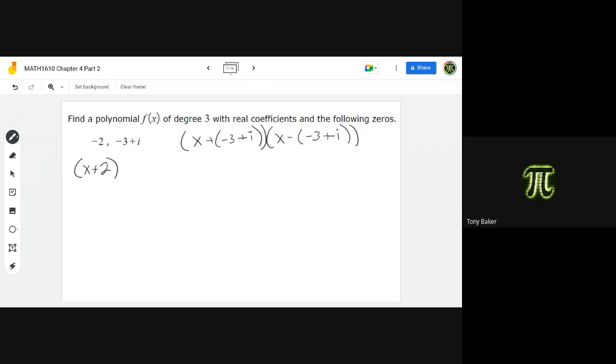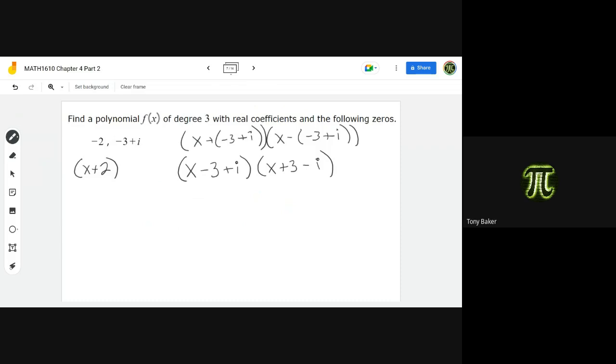Okay. So this first one, first thing I'm going to do now, I'm going to get rid of my parentheses. So I have x minus 3 plus I. And this one I have x plus 3 minus I. Remember, you have to distribute the signs. Now we FOIL. Doesn't matter if there's 2 or 3 of them.